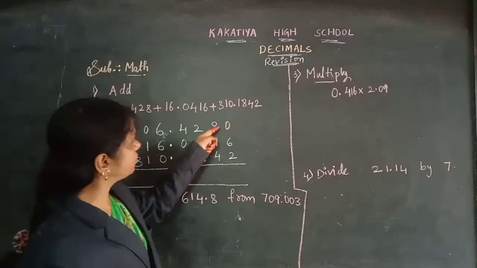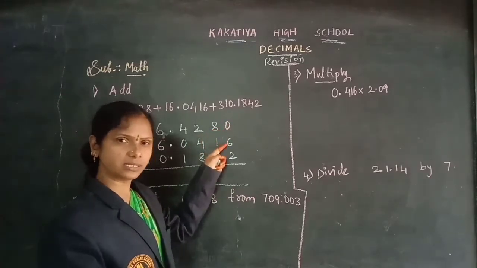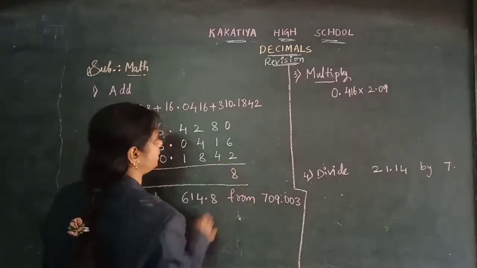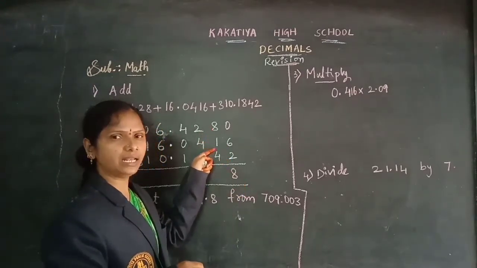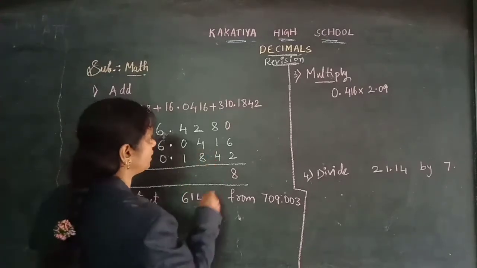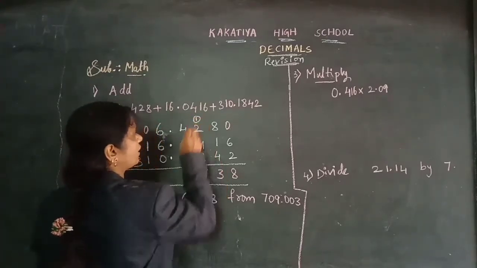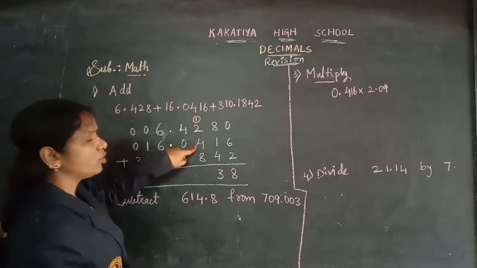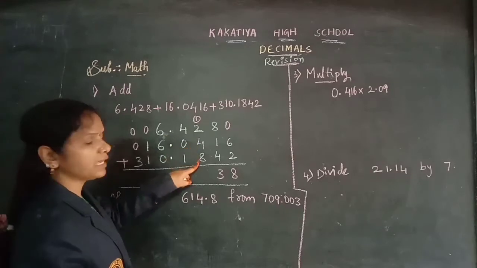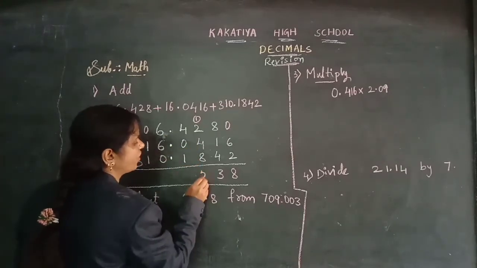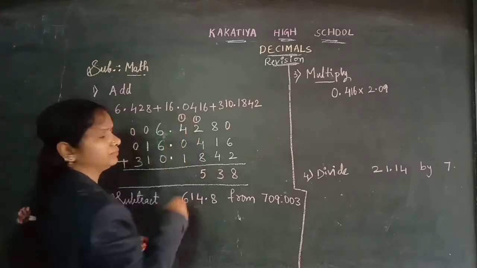Now let's add here, column: 0 plus 6, 6, 6 plus 2, 8, children. So I am writing here 8. Now 8 plus 1, 9, 9 plus 4, 10, 11, 12, 13. So 13 means 3 here, 1 carry. Now 1 plus 2, 3, 3 plus 4, 7, 7 plus 8, 15. So 5 and 1 carry here.